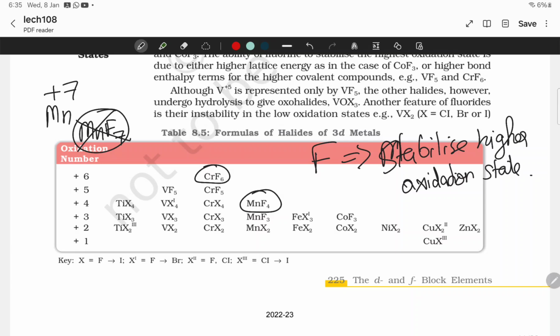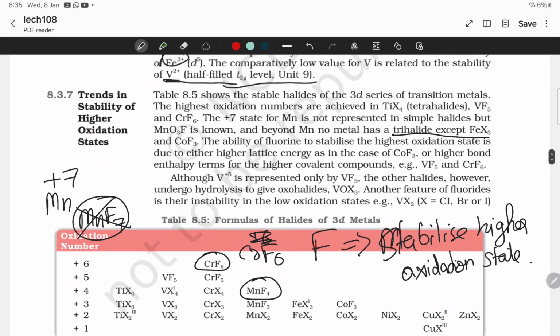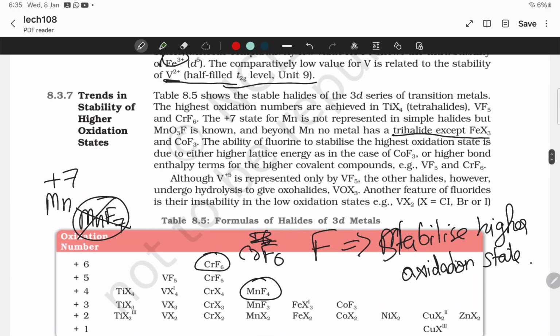But if you check, one of the manganese's highest oxidation states is +4, forming MnF4. For chromium, +6 is the highest oxidation state, forming CrF6. Vanadium forms VF5, and CrF6 is formed. All the V +5 halides are only represented by VF5.